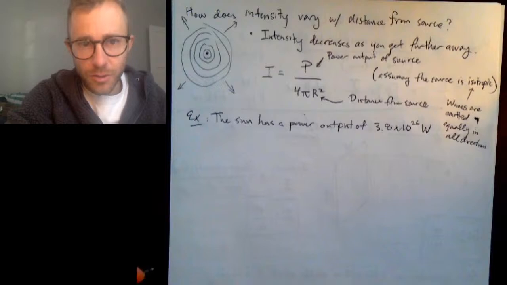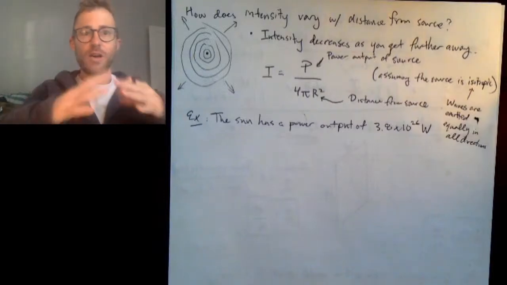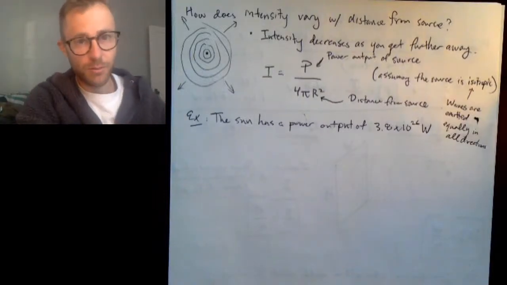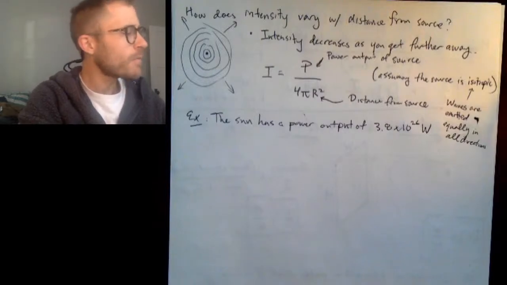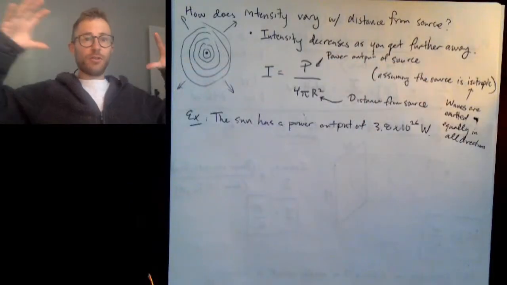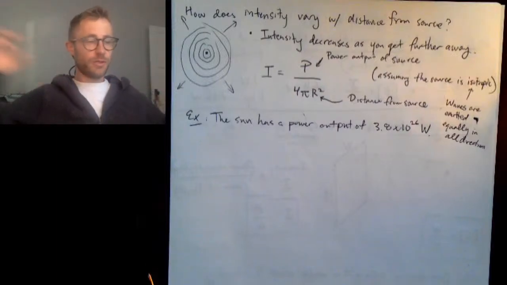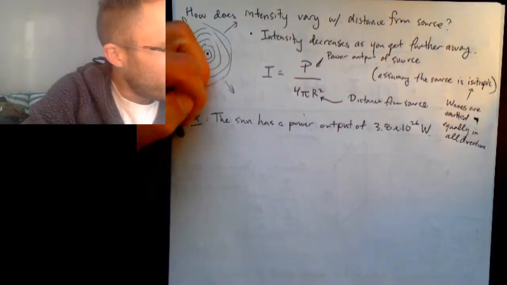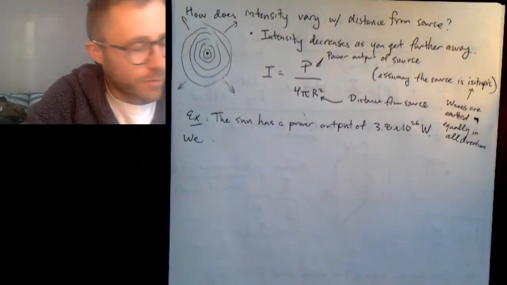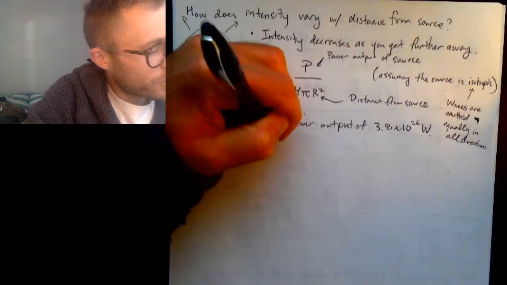That's 100 million billion joules of energy per second leaving the sun in the form of light waves, okay? Huge amount of waves, okay? But what happens is the further you get away from the sun, those waves are spreading out. And so the intensity starts to drop as you get further away from the sun. So we, on Earth, are 1.5 times 10 to the 11th meters away from the sun.